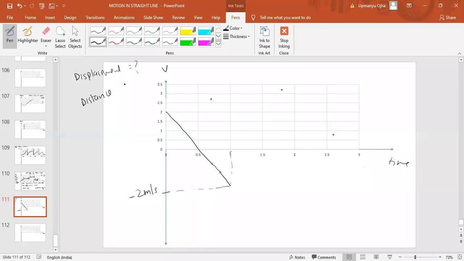Distance traveled by the particle in 1 second. Can you get the answer for this? Distance is 2 meter. Okay, displacement -2.